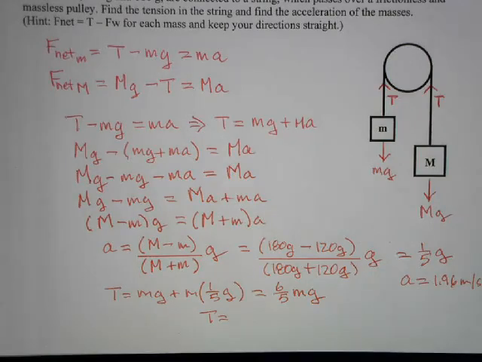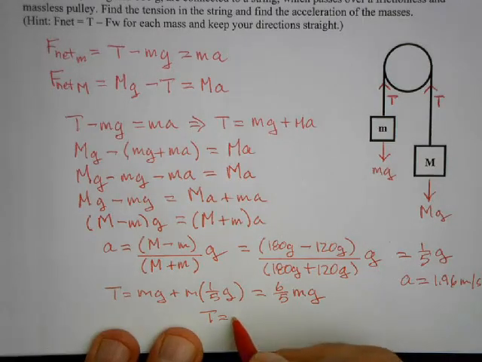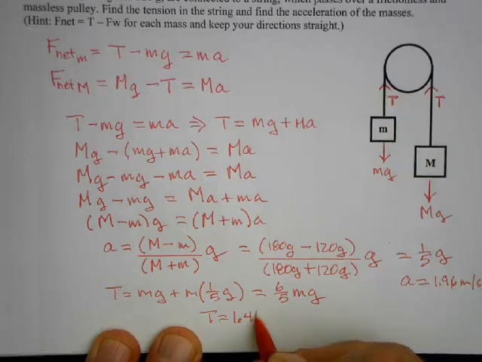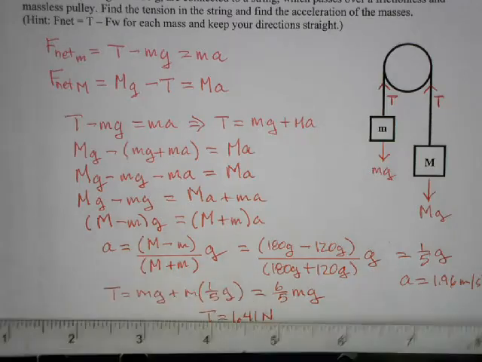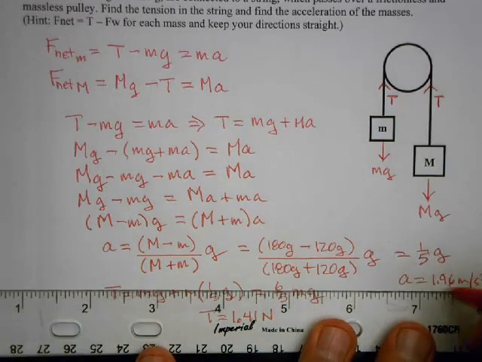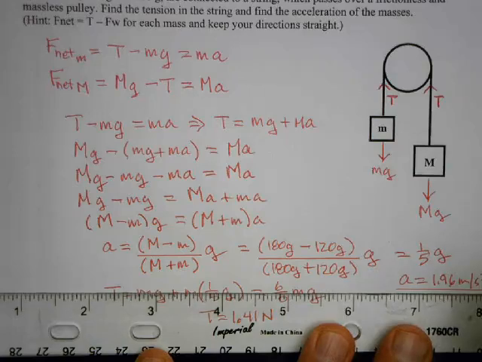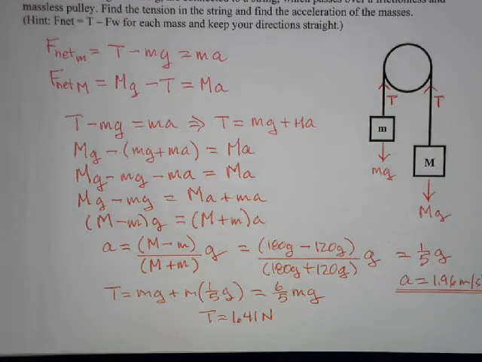And our T here was basically 1.41 newtons. So there's our acceleration. And here is our tension.